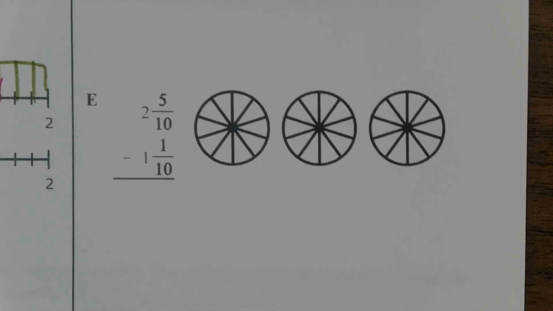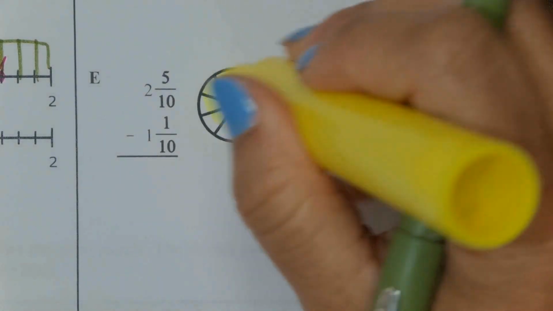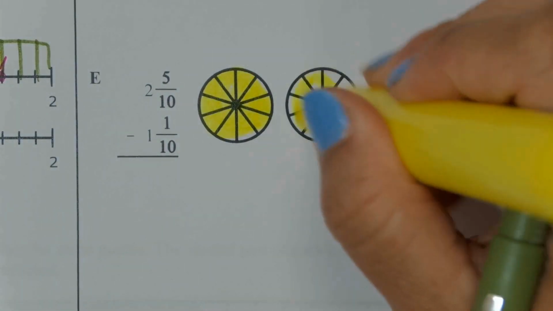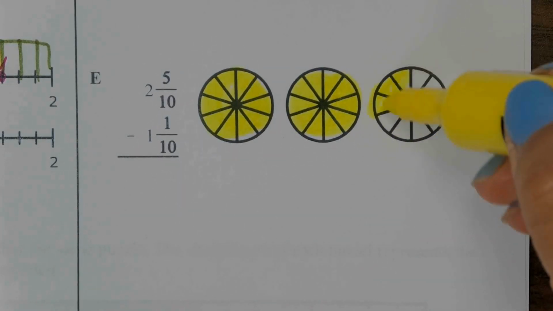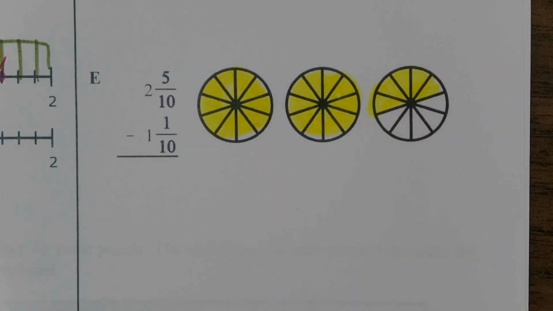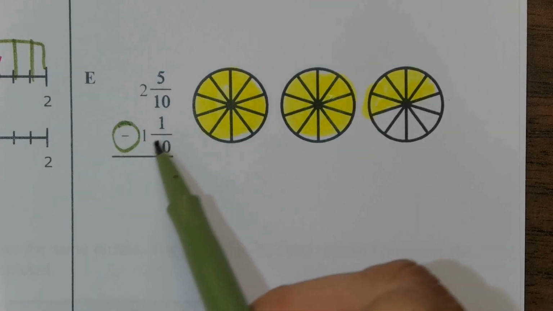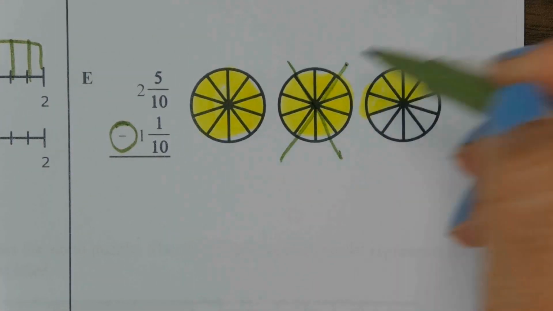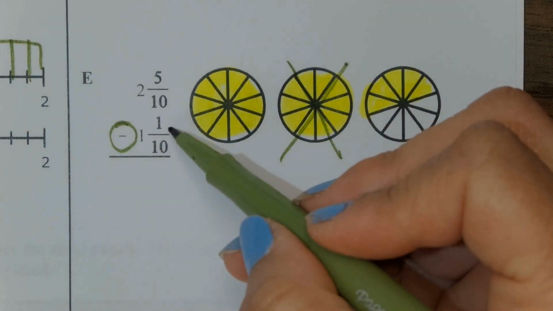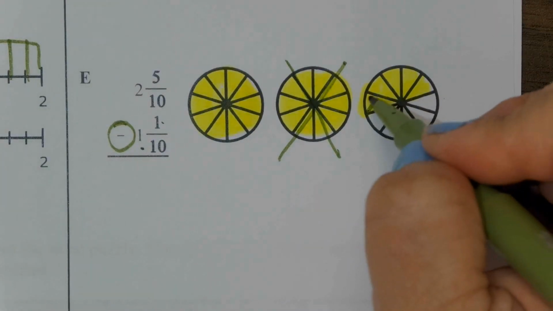Letter E, we have 2 and 5/10. So I'm going to shade in 2 wholes. And then 5/10. 1, 2, 3, 4, 5, 5/10. So I'm going to subtract 1 and 1/10. So I'm going to subtract 1 whole. So remove that one. 1 and 1/10. 1 whole and 1/10.